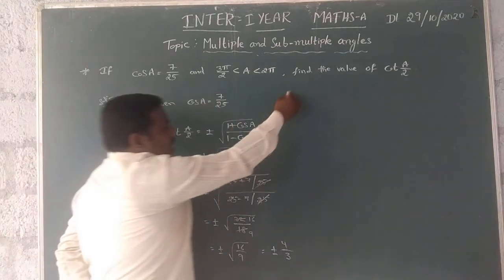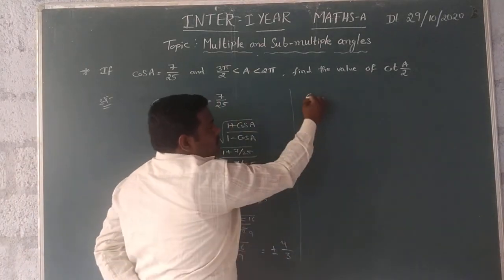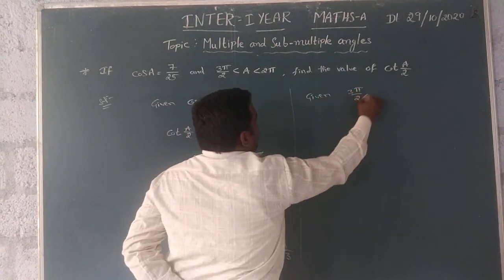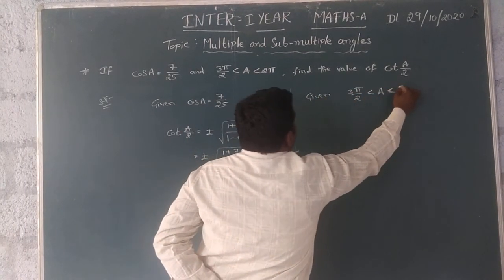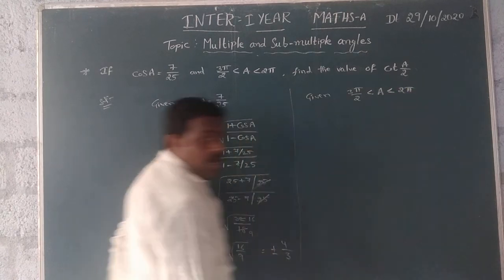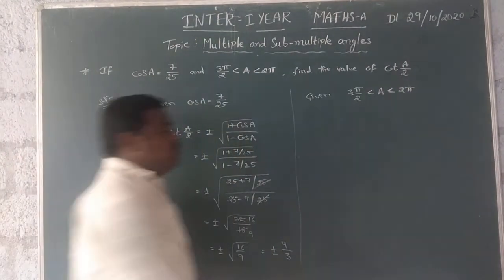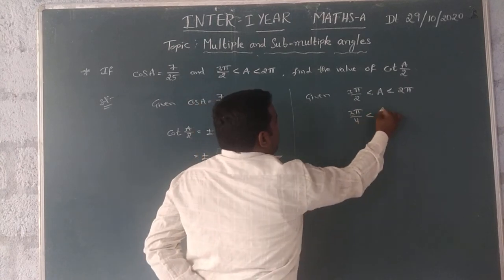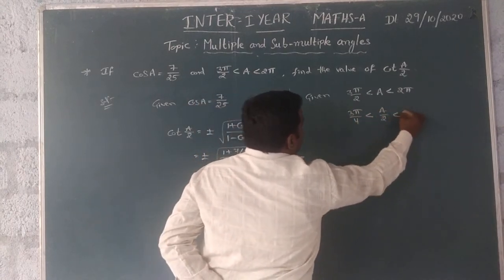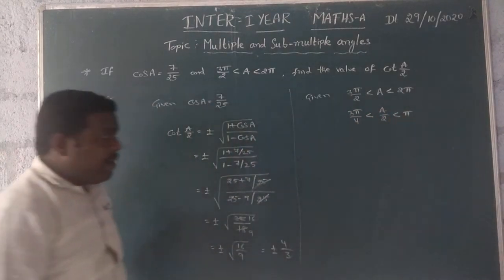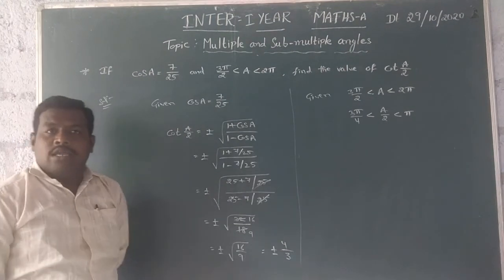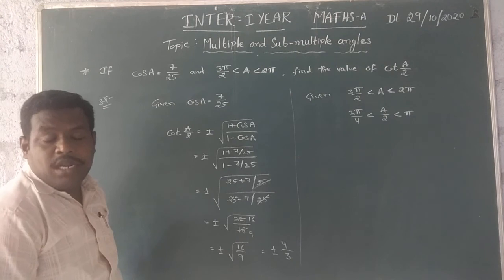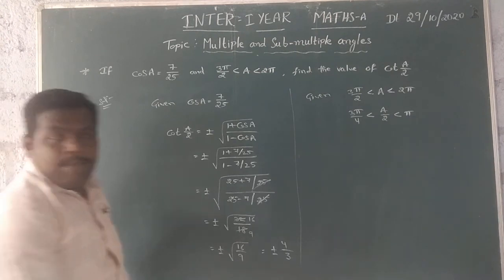But the angle A is in between 270 and 360. Dividing this angle by 2, 3 pi by 4 less than A by 2 less than pi. 3 pi by 4 means 135, so 135 less than A by 2 less than 180, above 135 and below 180.